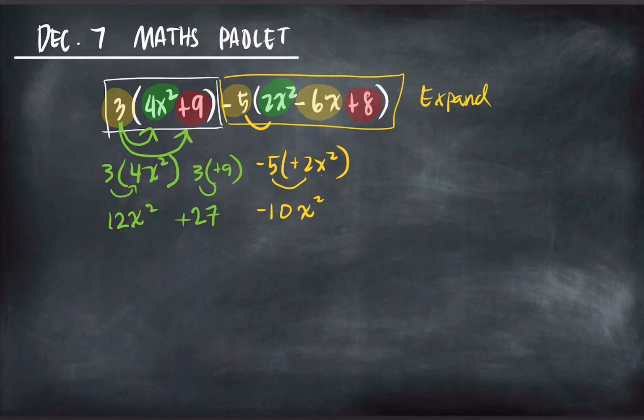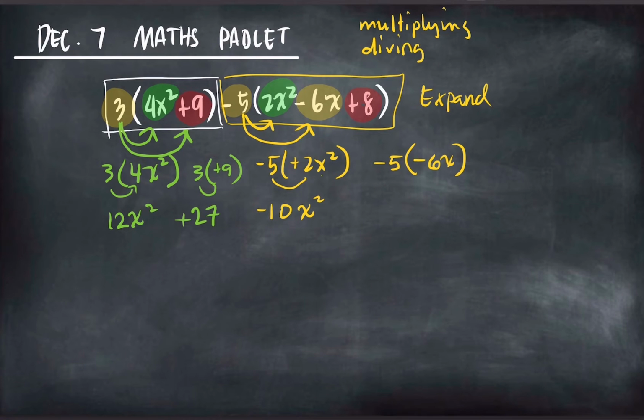Okay? Now, this is the tricky one where a lot of you made the mistake. Negative 5 times negative 6x. So we know that if you are multiplying or dividing, this is only for multiplying and dividing only, okay?